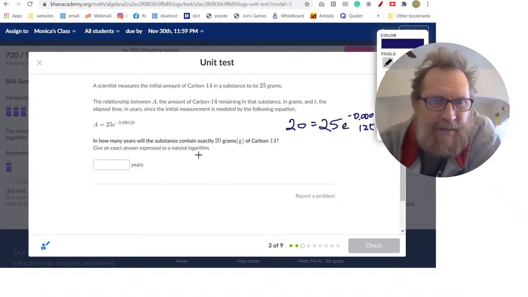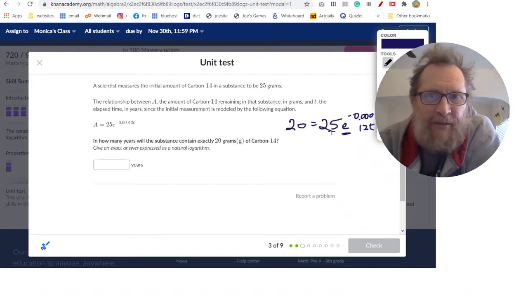So down here, I'm going to rewrite this as a log, right? This is the natural log. First, actually, I'm going to divide out the 25. So I'm going to have 20 25ths. I'm going to call that 4/5.